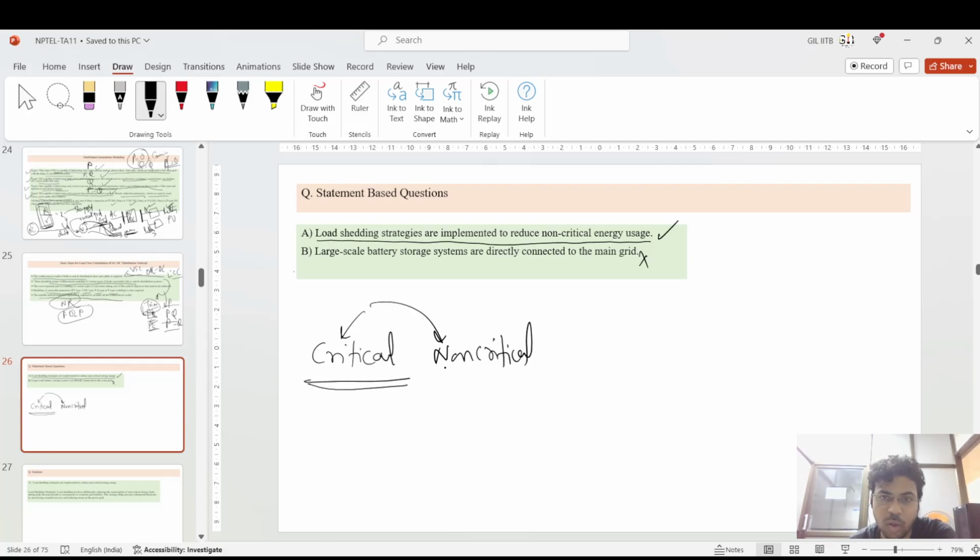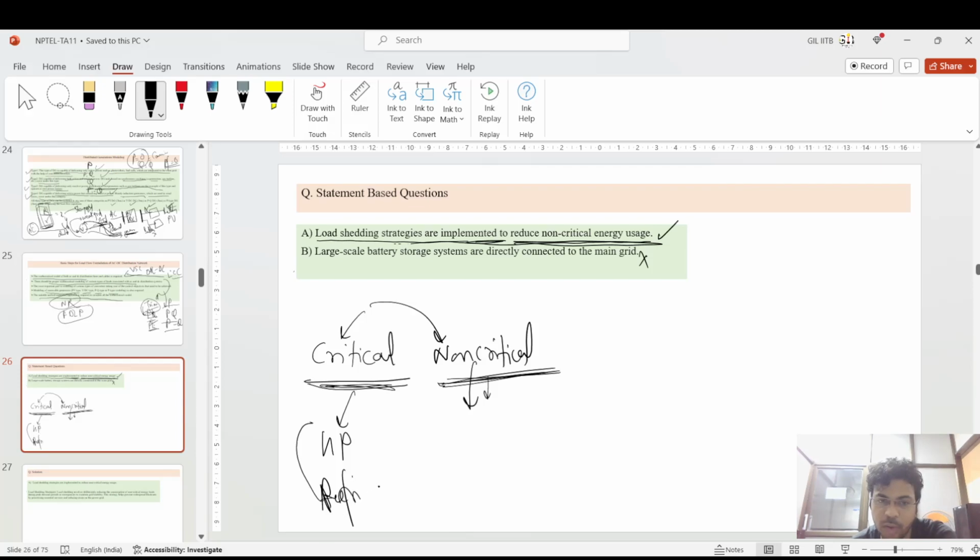Critical loads are the high consuming loads, and non-critical energy uses are actually not high power consuming. So load shedding strategies are implemented to reduce the non-critical energy uses.